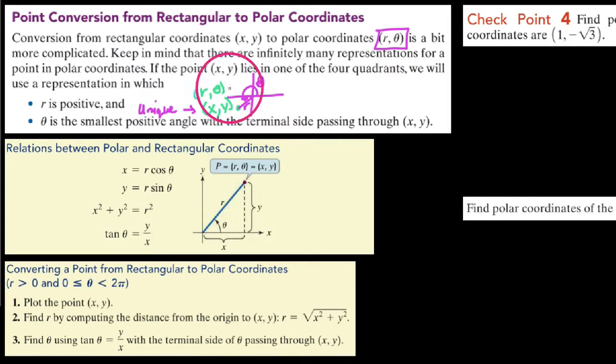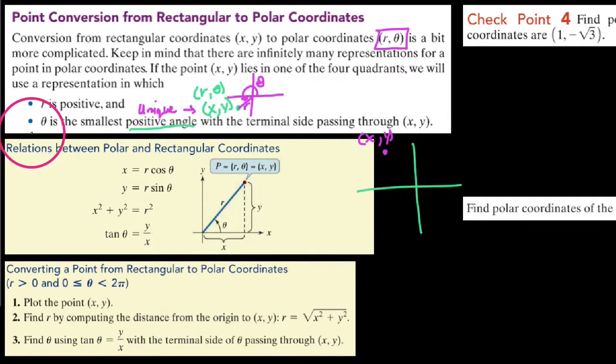That agreement is that when we represent any point in the xy coordinate plane, something like this right here, x and y, we agree that when we convert this into polar, we're going to use a positive r value, and theta is going to be the smallest positive angle with the terminal side passing through xy.